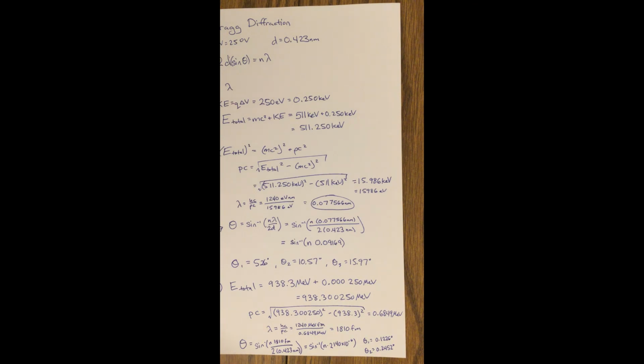They would not be resolvable if they're separated by less than 1 degree. These are separated by less than 1 degree. So for part C, it's not resolvable. And that concludes problem 34.